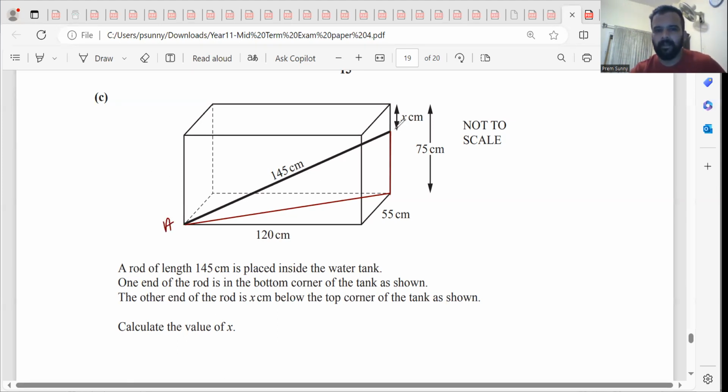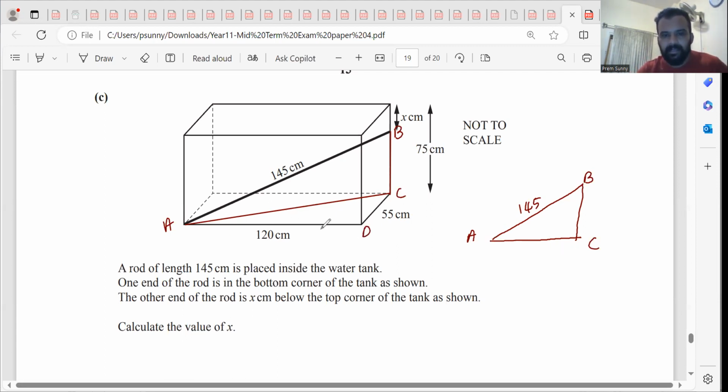I'm going to draw that right angle triangle here. Now the hypotenuse is given as 145. Now the base AC, we don't know the base AC. Let's take this vertex as D here.